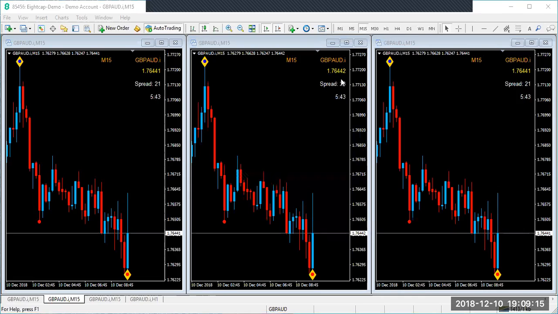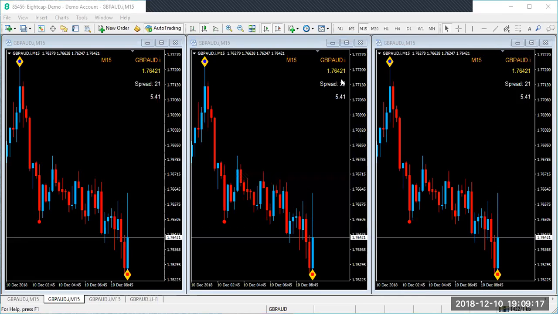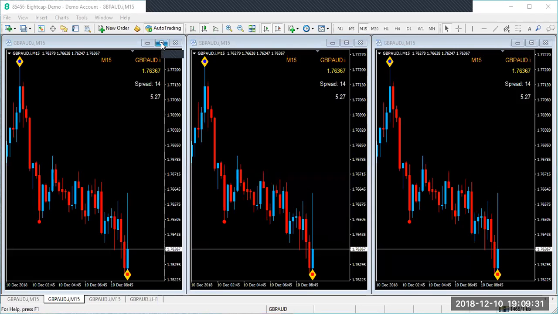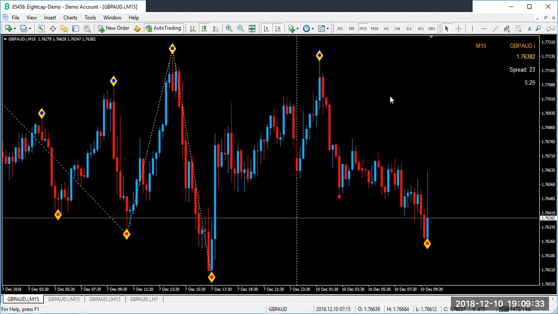A diamond generally means if you're in a trade, it might be a good time to exit manually. And if you're about to enter a buy and suddenly a buy diamond comes up, okay? So let me bring up one of the main ones.